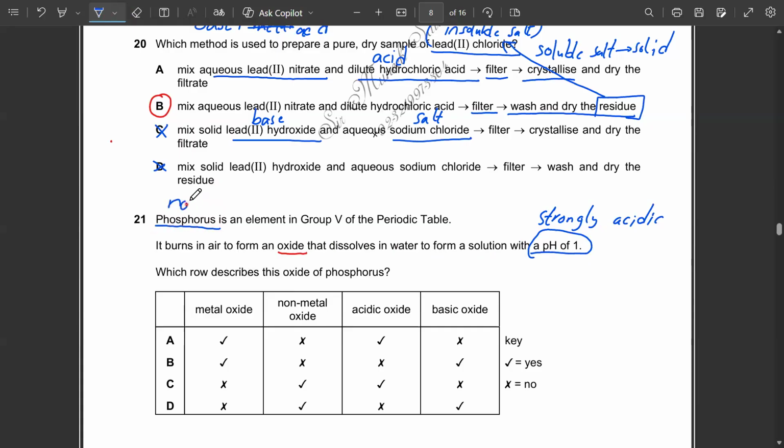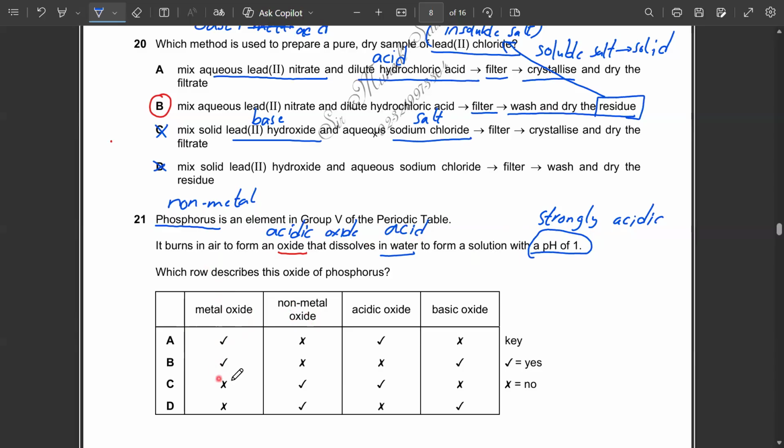Being a non-metal, it forms an acidic compound. When it is dissolved, it forms an acid, and the oxide is called an acidic oxide. So an acidic oxide dissolved in water produces an acid. In a simple way, we can tell that phosphorus is basically a non-metal.